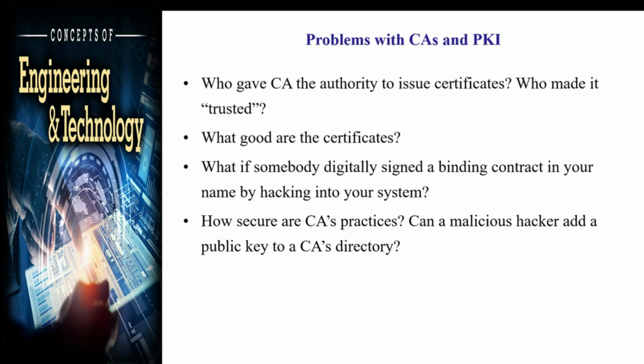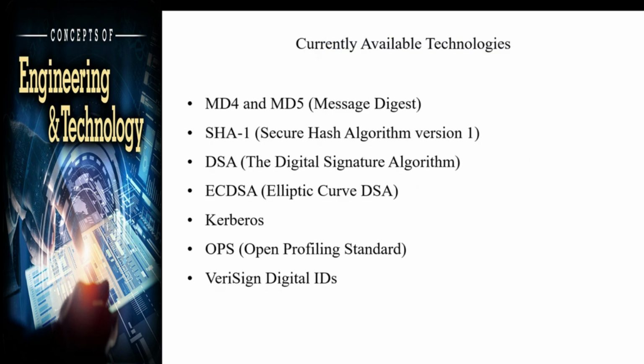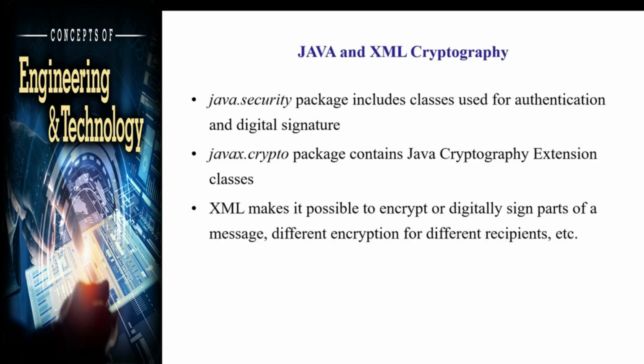If you take all this, then it will be good and your information will be secure. So we have the currently available technologies. We have Kerberos, one of the important ones. Also the digital signature algorithm, secure hash algorithm version 1, MD4, MD5. So all these are the currently available technologies we have.